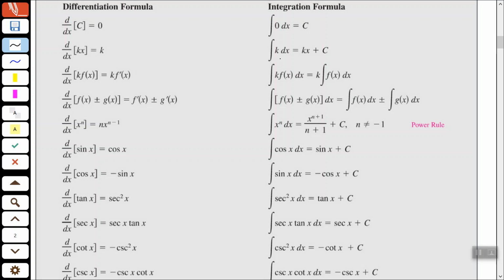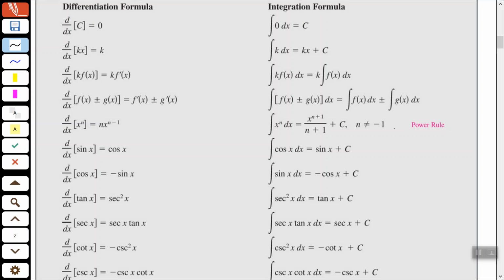The integration of k dx is kx plus c. So that's where we add the 1 and then we divide by 1. The integral of k f of x dx, we pull the constant multiple out, and we integrate the f of x, and then we multiply the k by whatever we get after we integrate. For functions being added or subtracted, we integrate each function separately and then add the results.